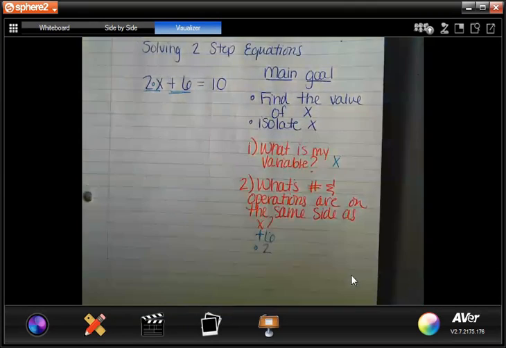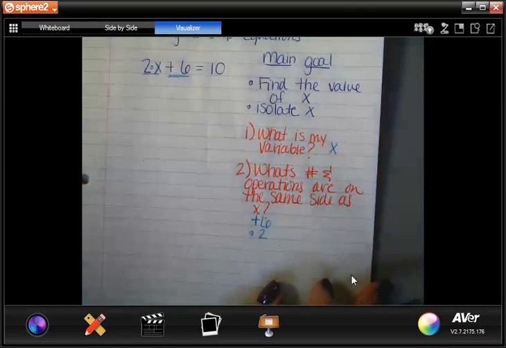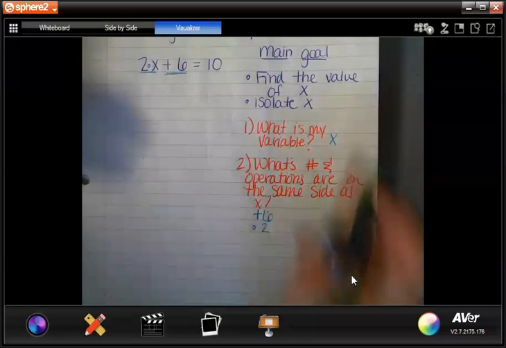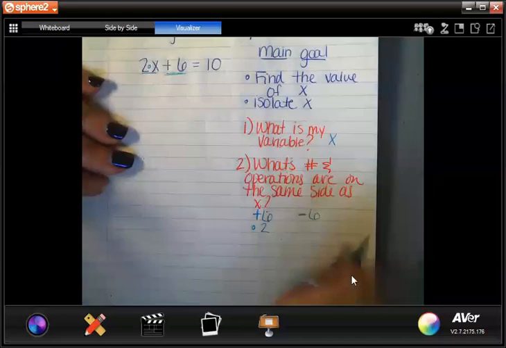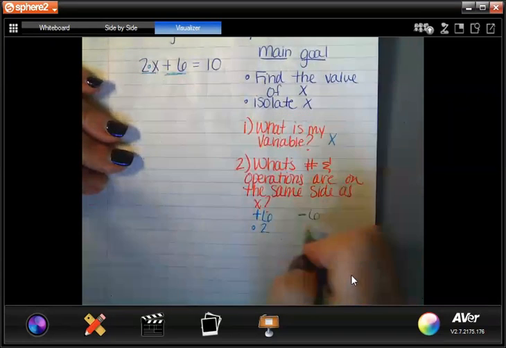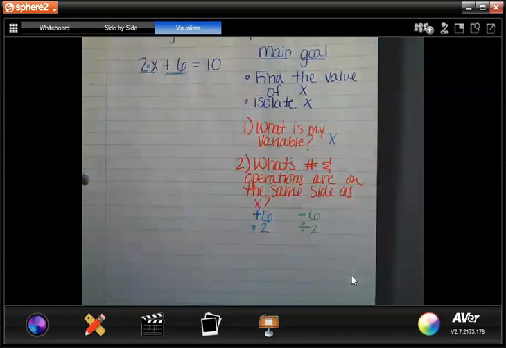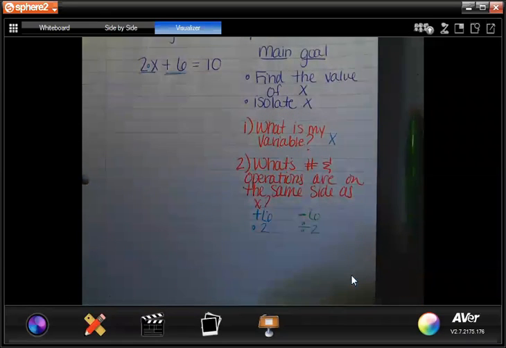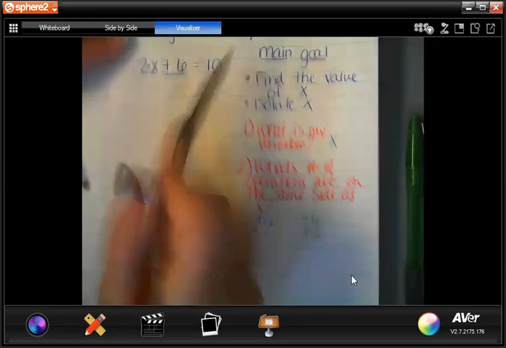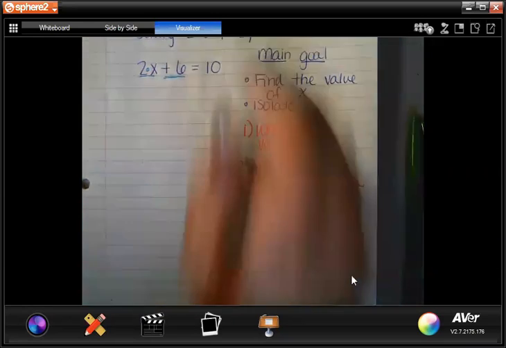If we think about inverse operations, or how to undo this, we know we're going to probably be subtracting 6, or adding a negative, and dividing by 2. So that's what I mean by slow down. Understand what's happening before you just jump in and get going.